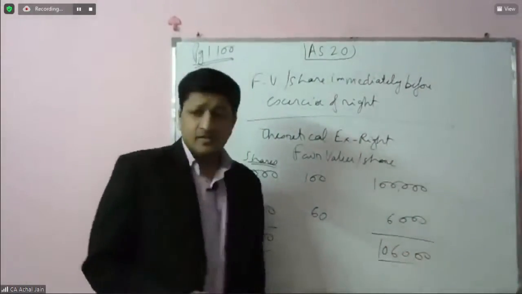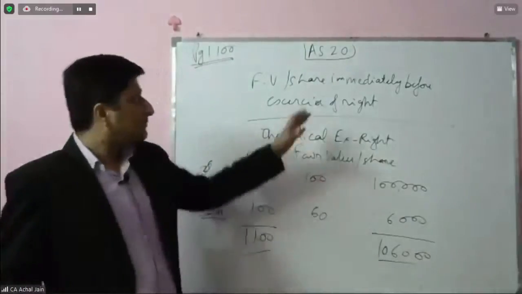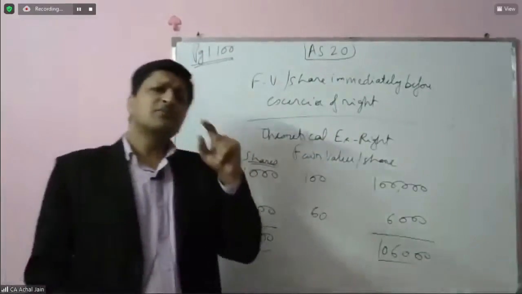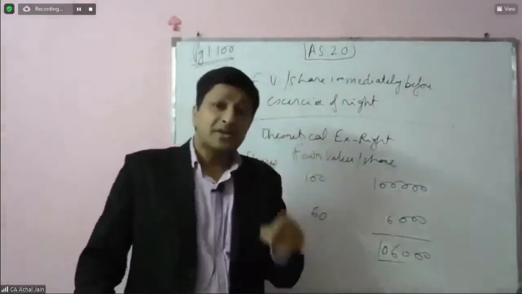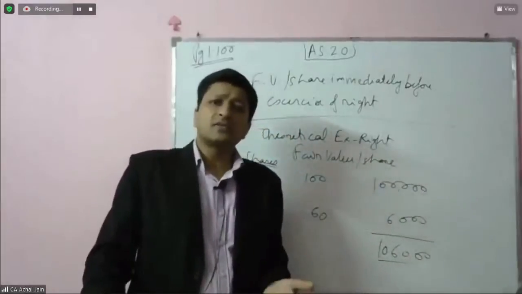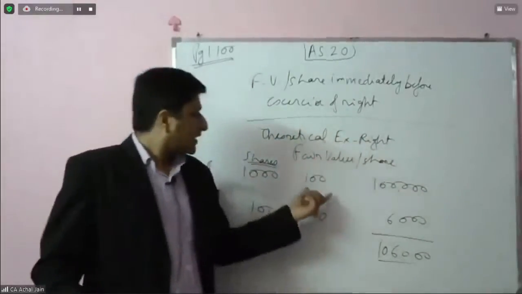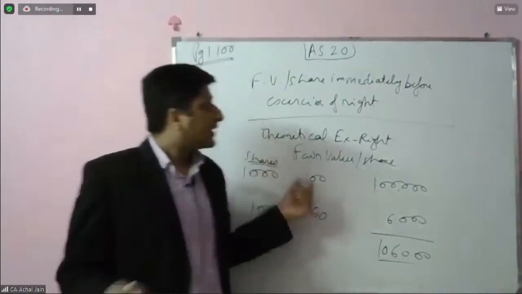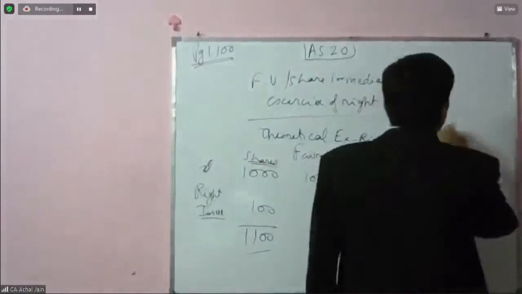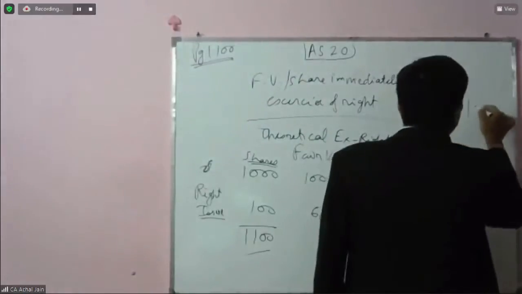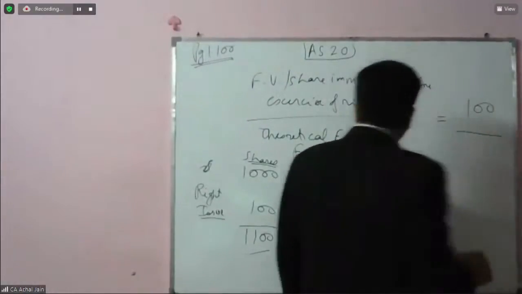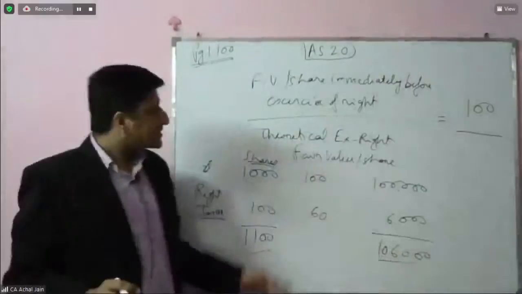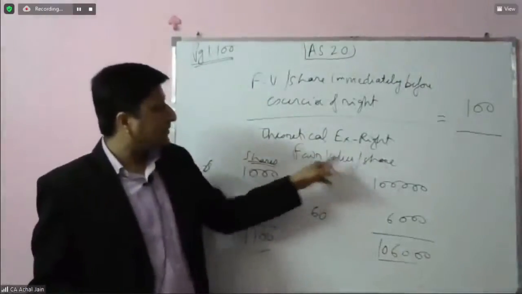Now in this case, if we have to look at this formula, do we know what was the fair value per share immediately before exercise of right? Of course, it's known to us. It's so simple. It's 100. And what do we mean by this theoretical ex-right fair value per share?